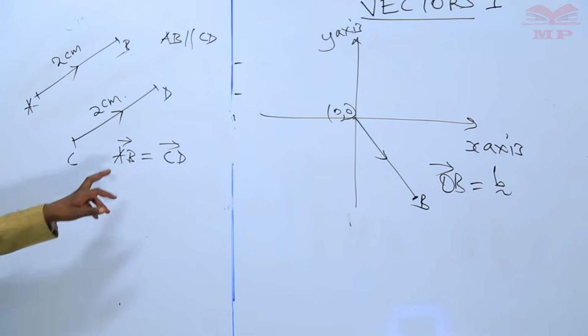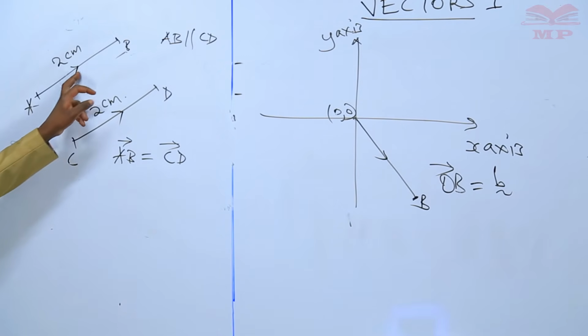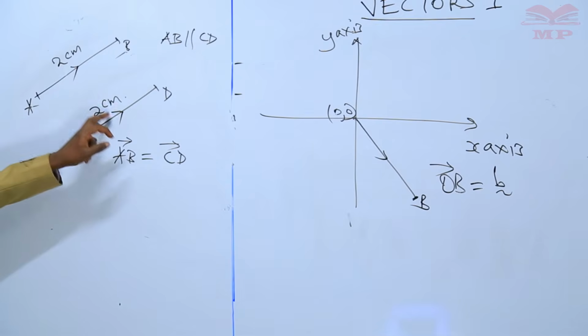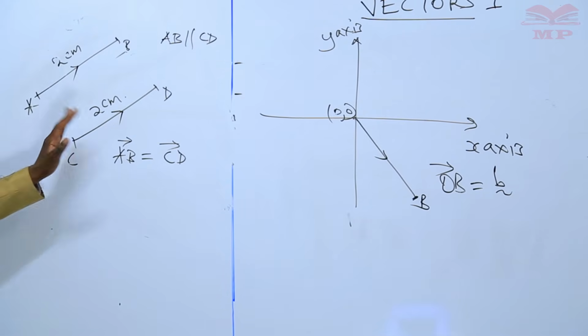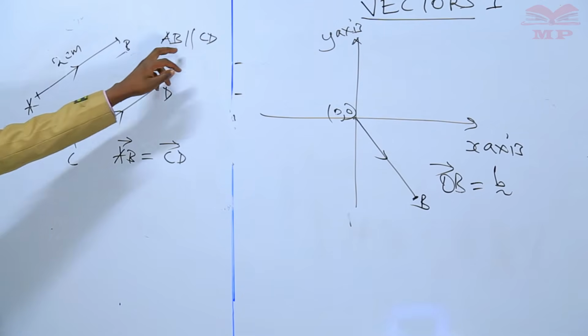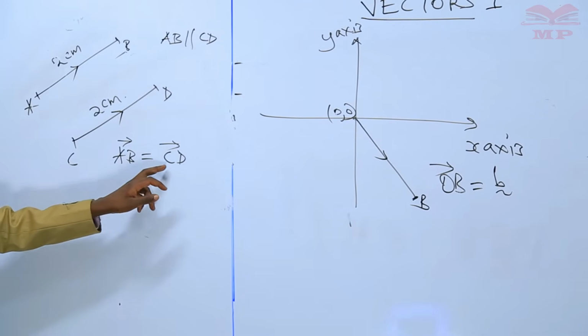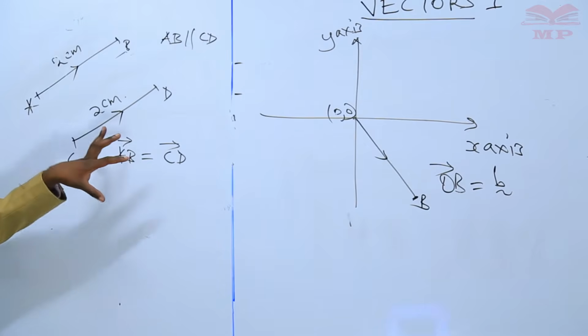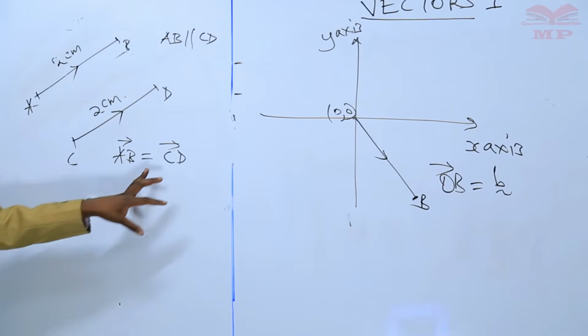The reason is these two vectors have the same length, which is 2 centimeters, and that length is magnitude. At the same time, they are moving in a similar direction because they are parallel. So in that case, we are going to say that these two vectors are equivalent.